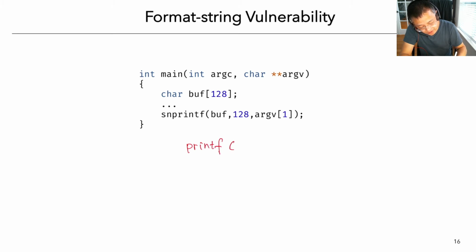When you do the printf, you first give it a format string, for example %d, %s, followed by an integer, then a string. Now you are going to first print the integer, then the string. So this is called a format string.